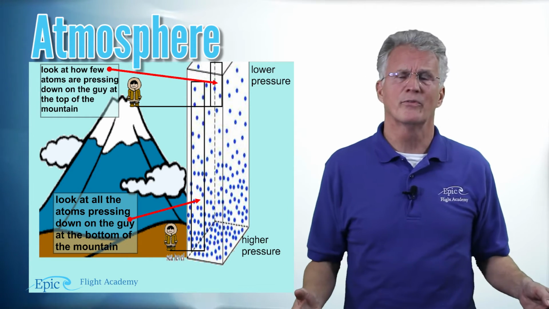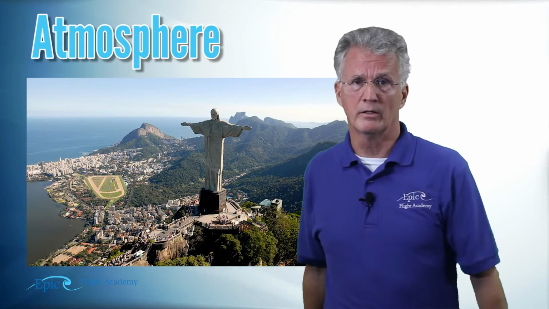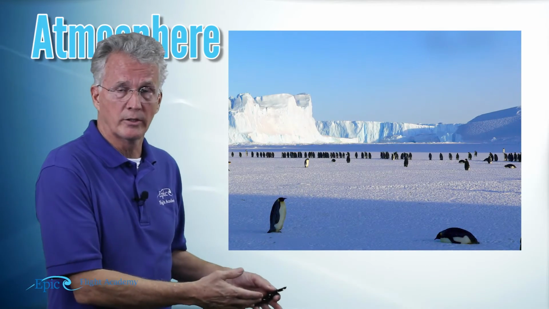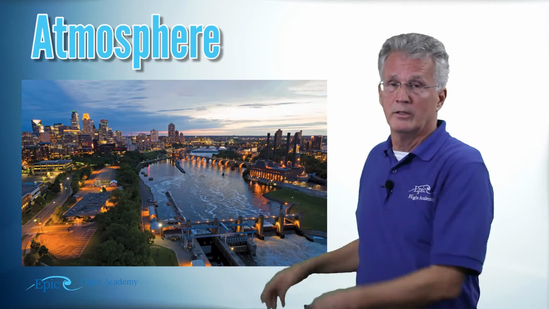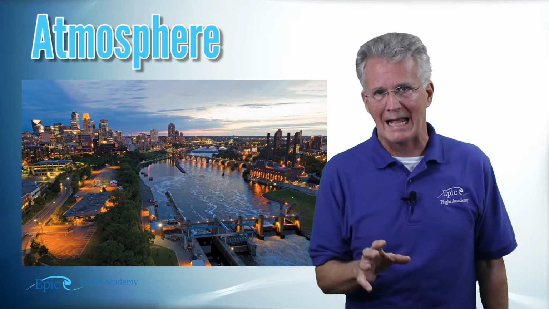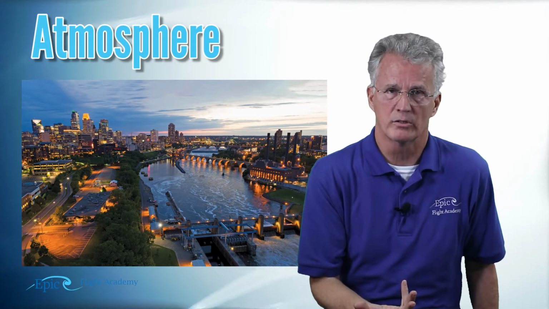So it's very difficult to compare my aircraft's performance in South America over Brazil to its performance in Antarctica or Minnesota in North America. To make those comparisons accurate and to be able to talk about my aircraft's performance with some consistency, we use what we call a standardized atmosphere.